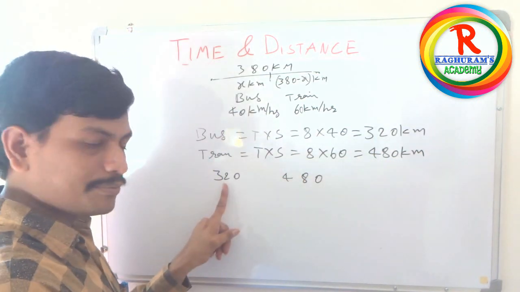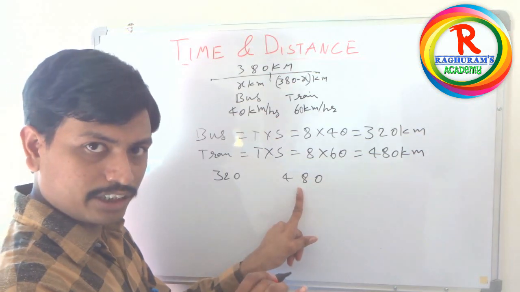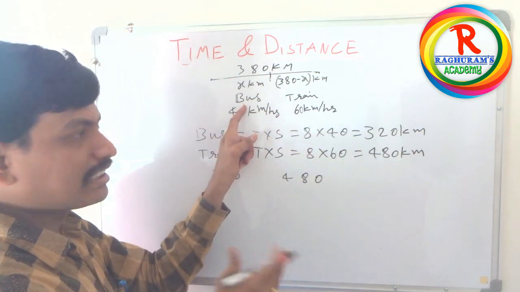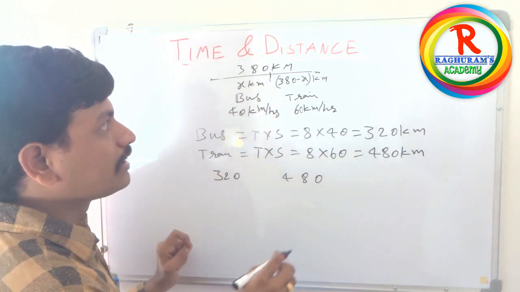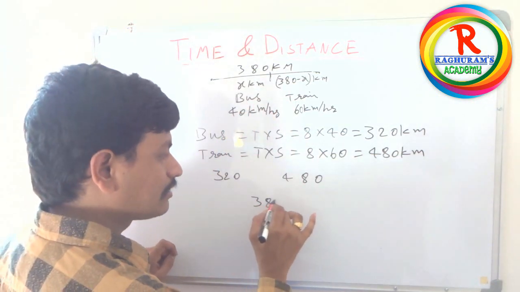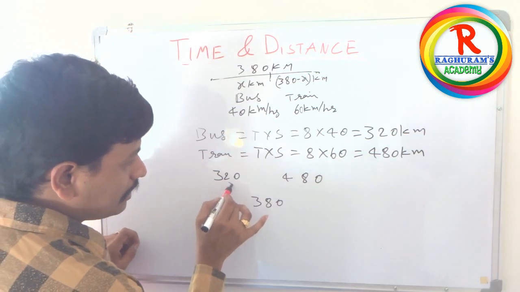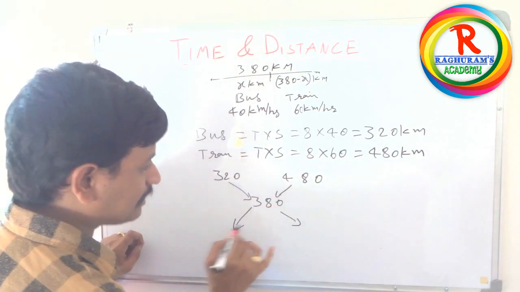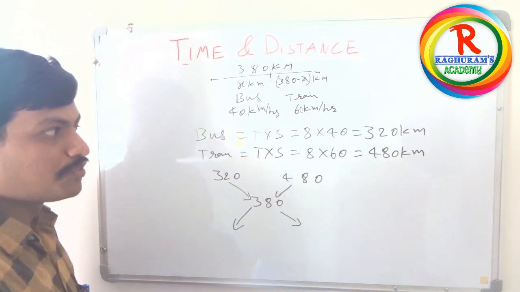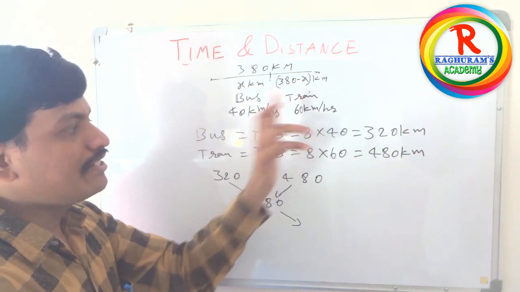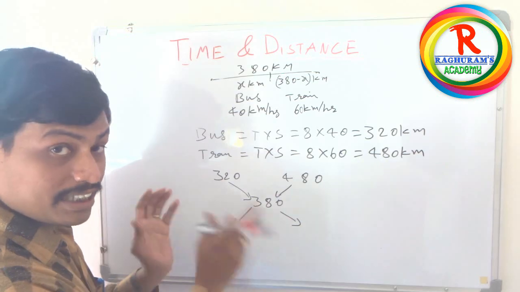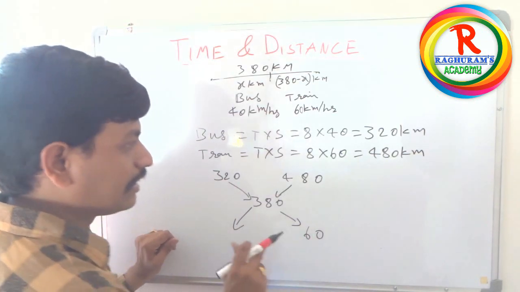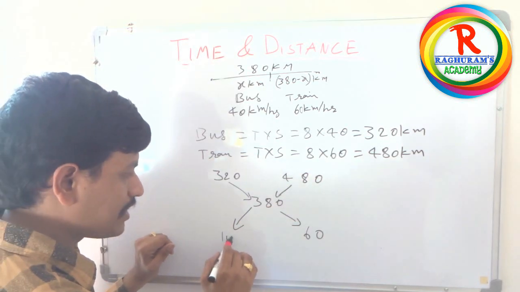Total by bus 320 kilometers, total by train 480 kilometers. But they mixed both of them, just like mixtures. Bus and train, they traveled only 380 kilometers in 8 hours. So just like mixtures and alligation, we write like this to get the ratio of the distance traveled by bus and train. 380, bigger minus smaller: 380 minus 320 is 60. 480 minus 380 is 100.